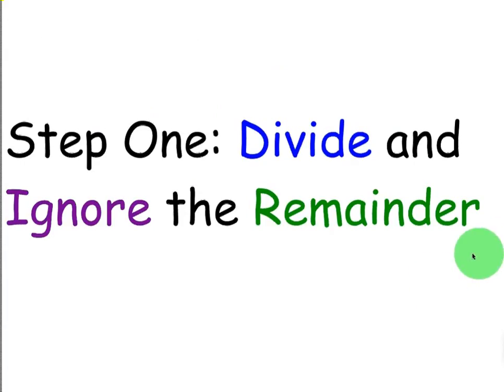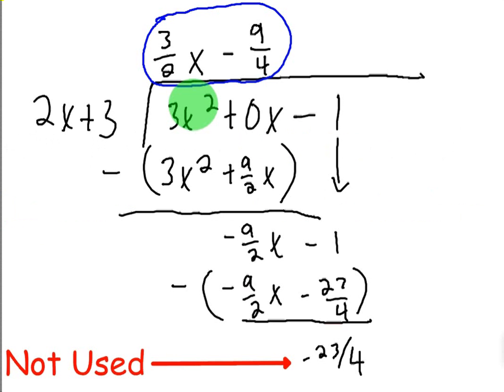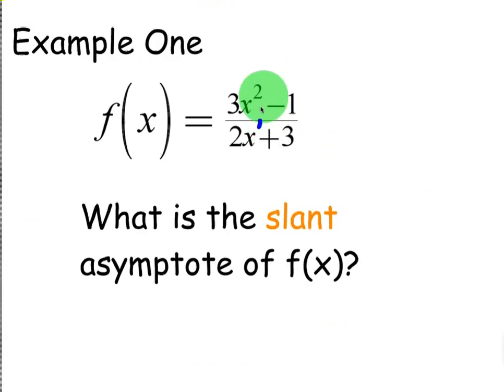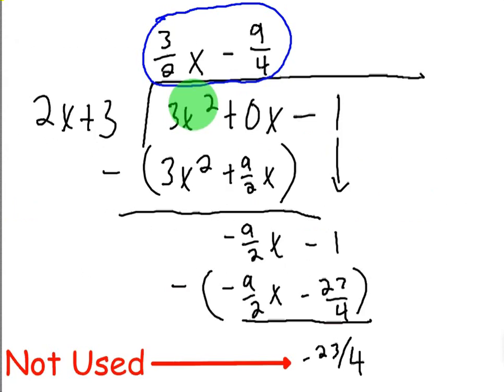You're going to do long division, and you're not even going to worry about the remainder. In other words, that number that shows up at the bottom when you do the long division, the only thing you have to worry about is the top of that division bar. That will be your slant asymptote. Okay, so there is a missing power in the top, so we need to put a 0x there, like that.